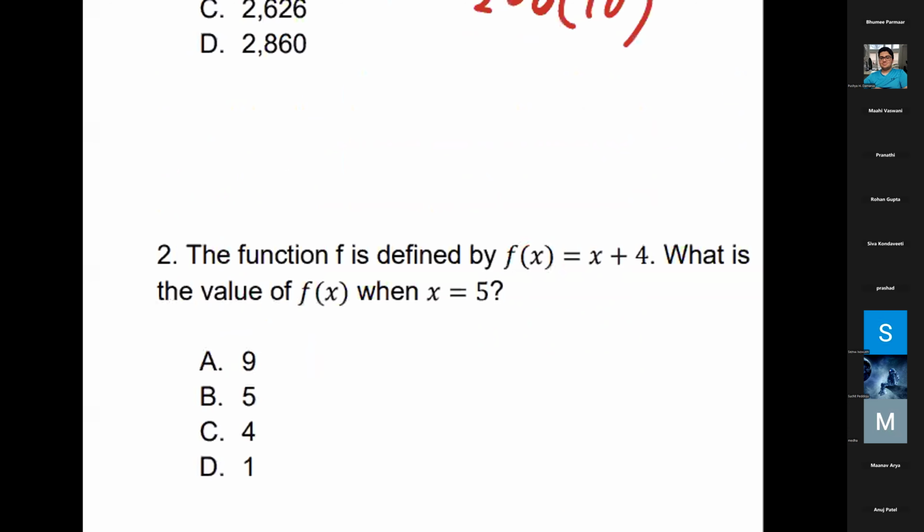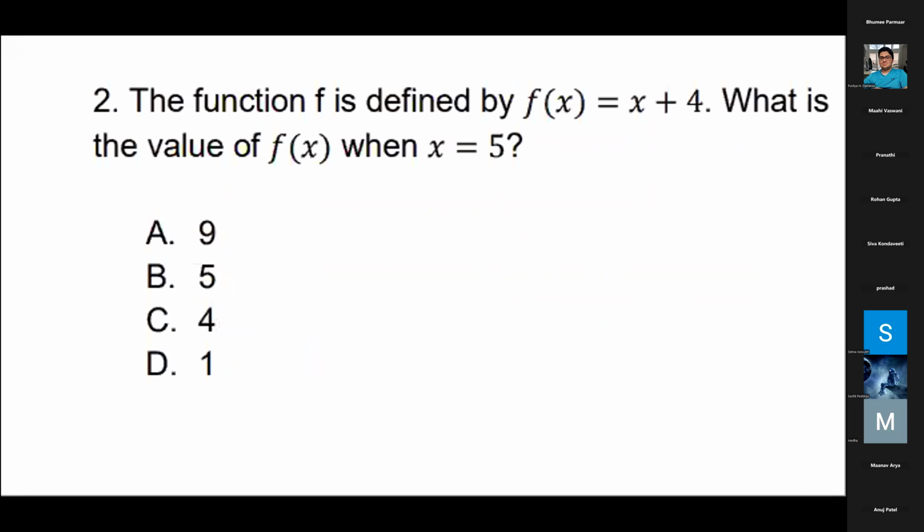Okay, question 2. So for question two, we have f of x is equal to x plus 4.